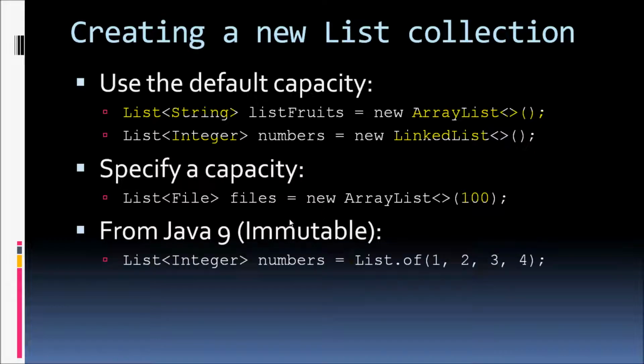And from Java 9, you can use the collection factory method List.of to specify some initial elements when creating a new list collection here.